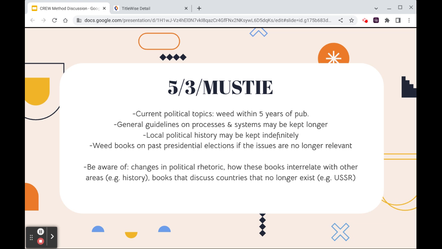Local political history may be kept indefinitely, and you want to weed books on past presidential elections if the issues are no longer relevant. You also want to be aware of changes in political rhetoric, how these books interrelate with other areas. So you might want to cross-reference with your history section, for example, and books that discuss countries that no longer exist. Those definitely should be weeded, unless they're in the history section.